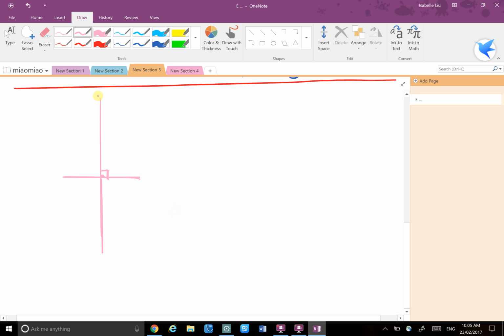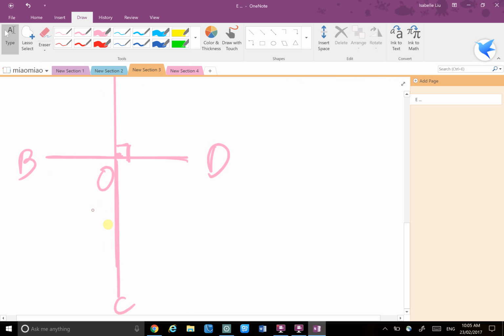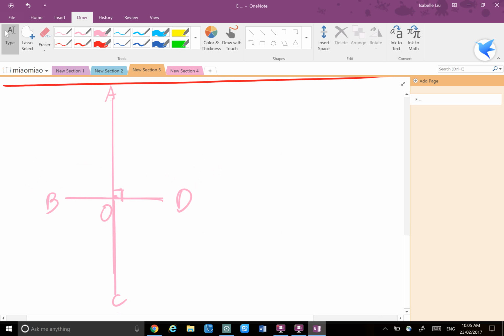So let's say we have A, B, C, D, and O here. They intersect at the point O. I'll connect it. What's the definition of a rhombus?